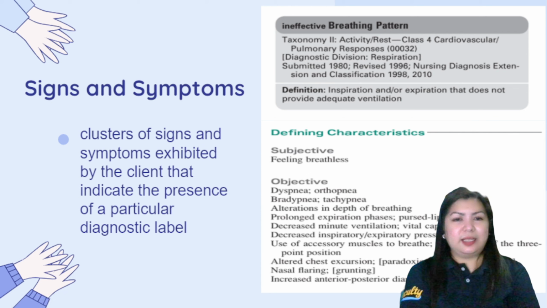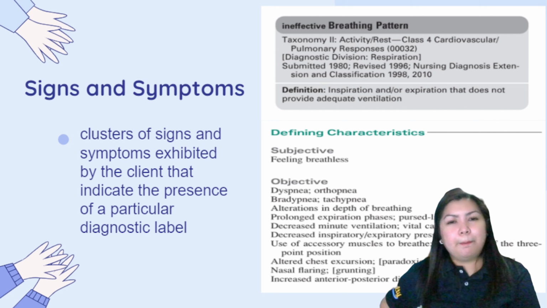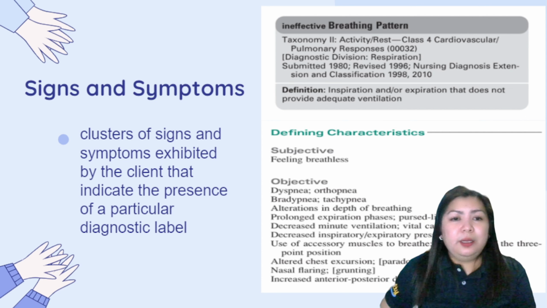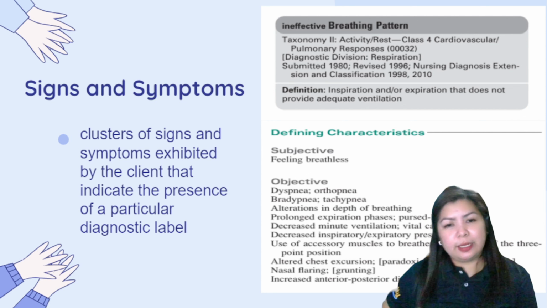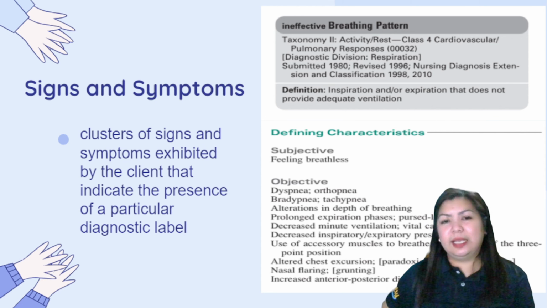So these are your defining characteristics. By rule of thumb, there should be at least 3 defining characteristics present on your client's assessment data, the first column, for your nursing diagnosis to be correct, and this should be attached to your problem plus etiology plus your signs and symptoms.